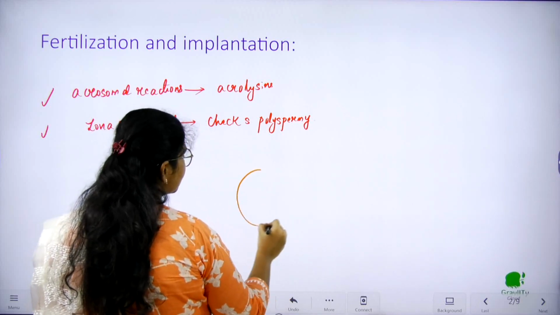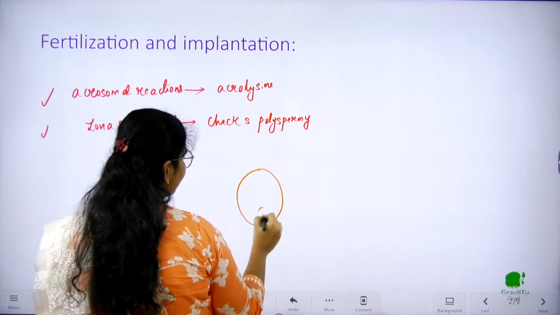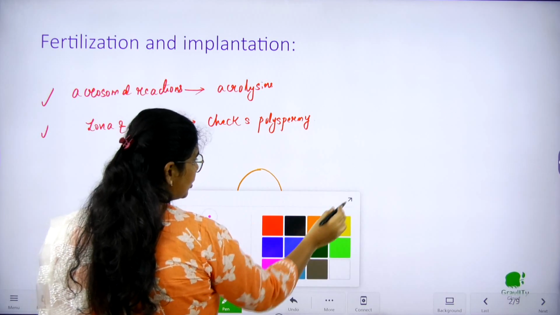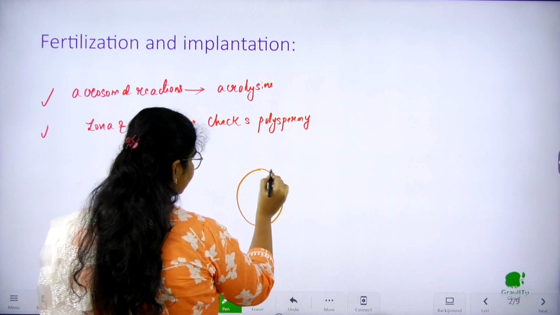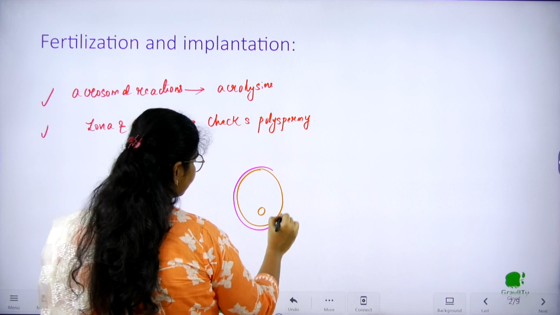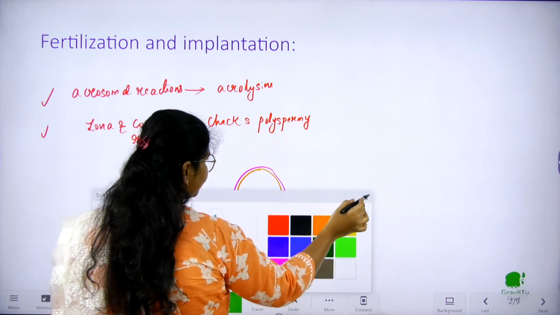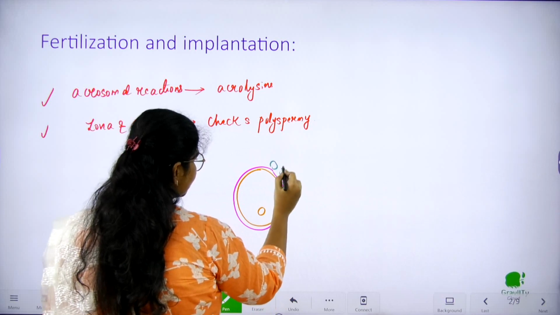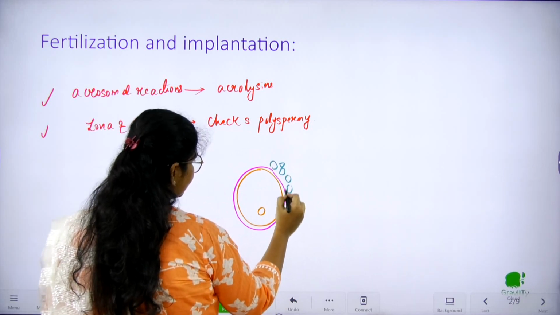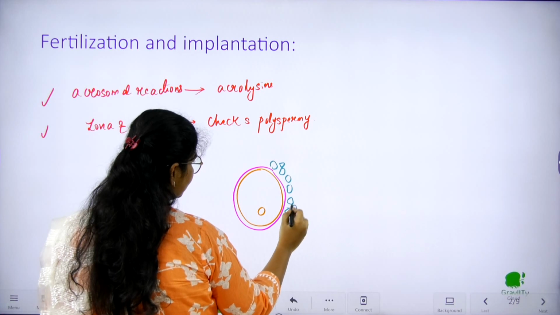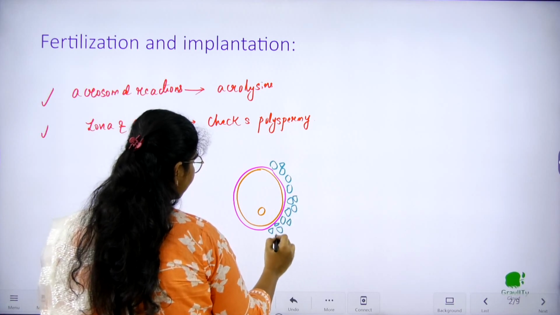Guys, this is the secondary oocyte still, and it is going to have a zona pellucida layer like this. It also has a corona radiata layer. The cells of the corona are like this, more than one layer of cells present here.